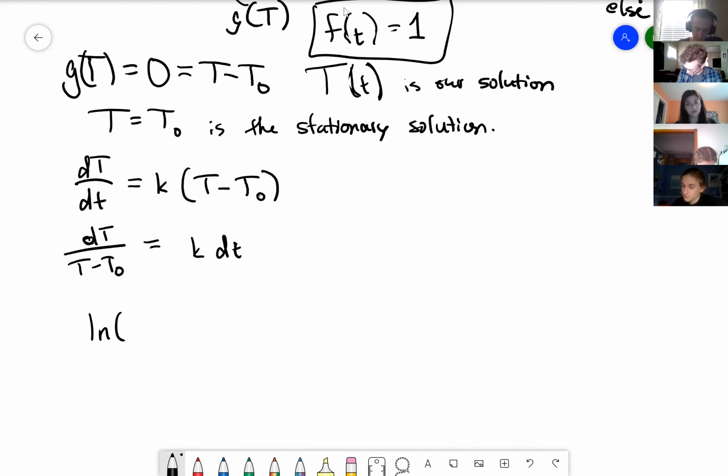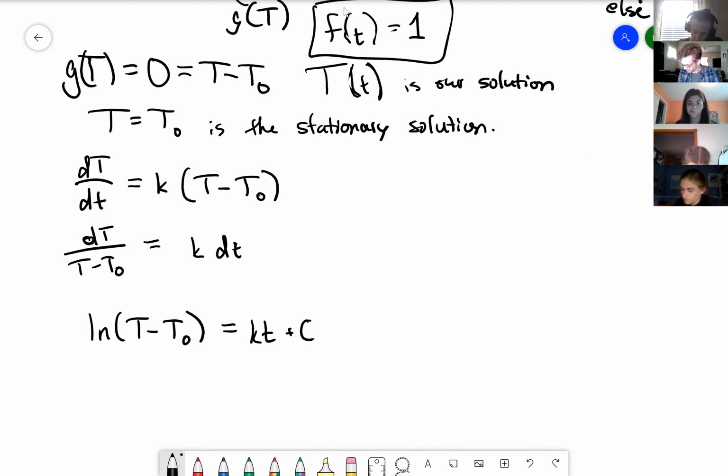I'm just going to write this as the natural log of T minus T0, kind of ignoring the absolute value part, equals kt plus some constant. And I'll write it as, we'll use the uppercase C for something later.